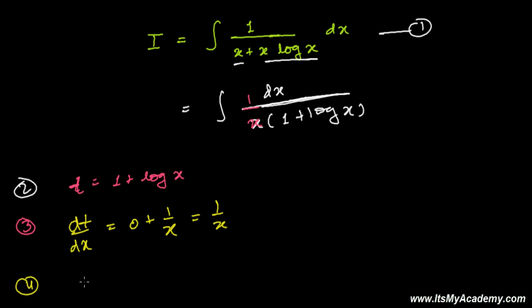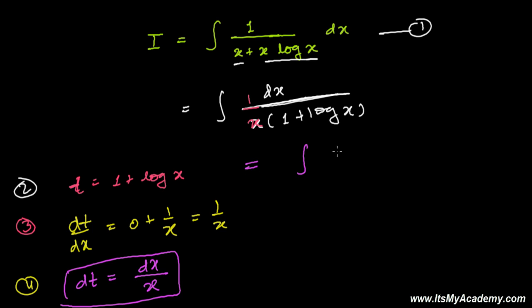So dt equals dx over x, and that's our perfect relationship to replace something here. If you rearrange it properly, let me first write 1 over 1 plus log x times dx, and this x will be here.